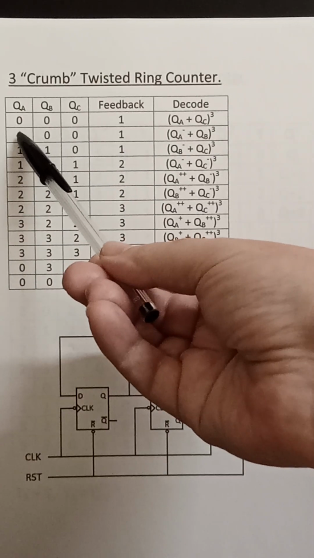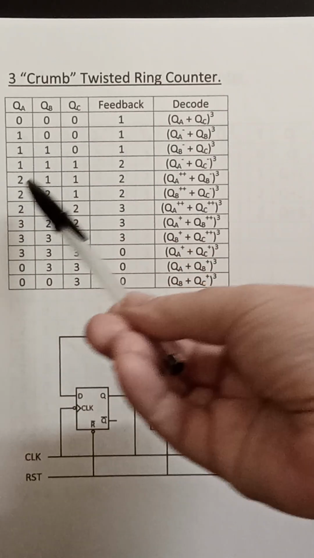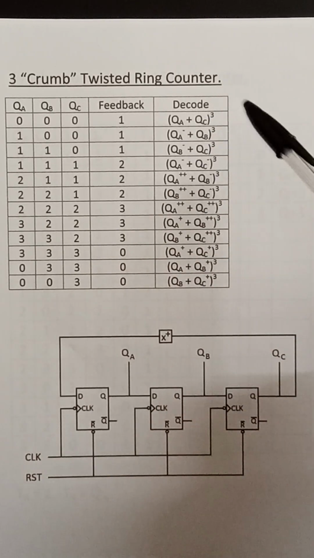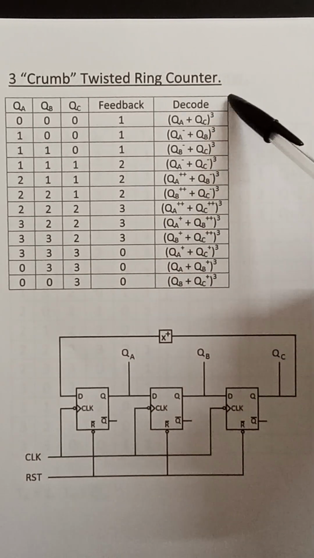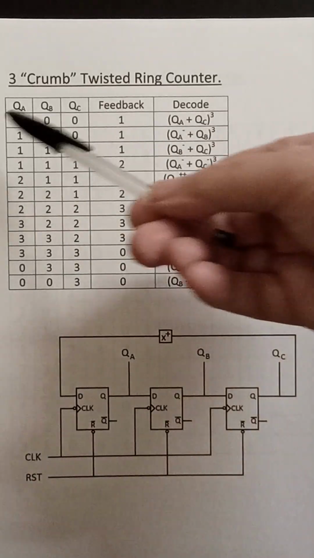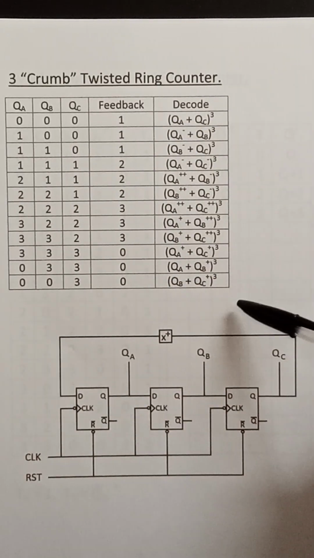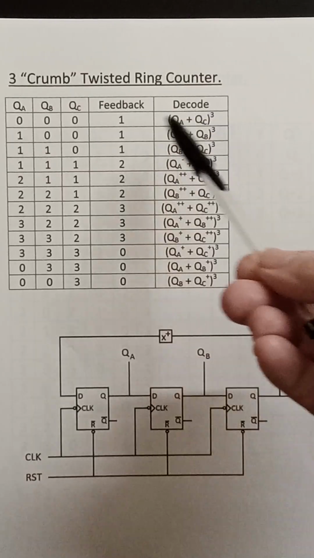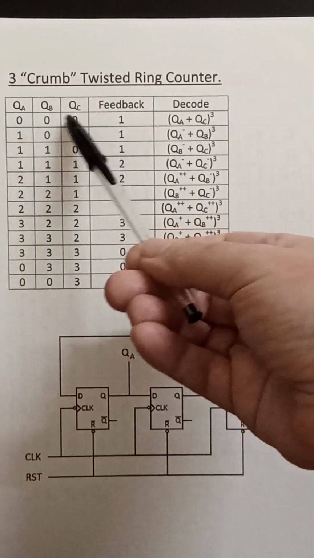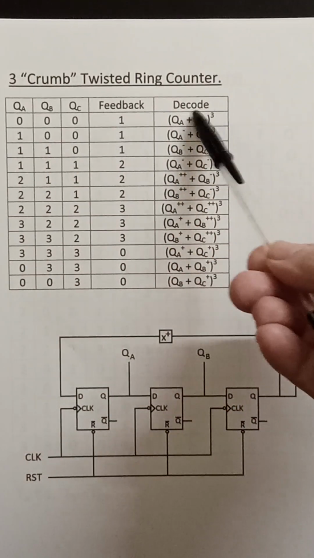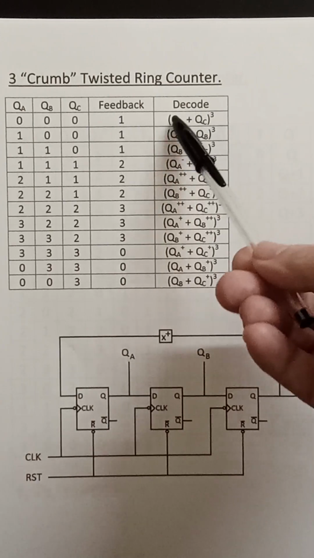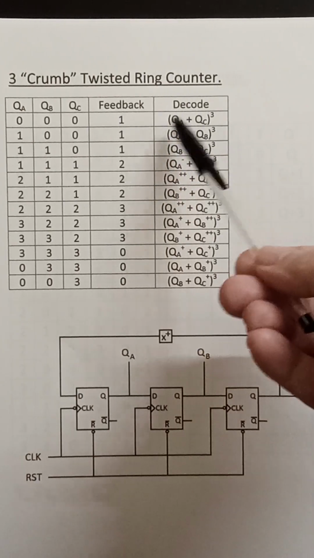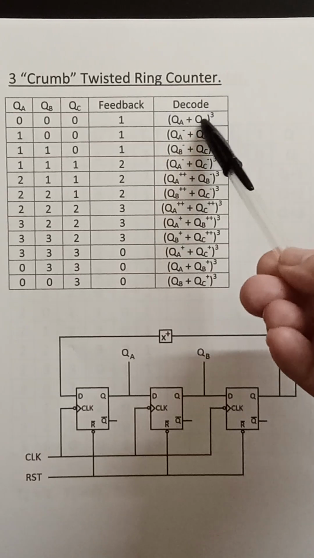enters QA there, and the purpose of the decode is to give a logic 3 on one line only and a 0 everywhere else. So for example, QA and QC here are 0 and 0 there. So that's the maximum function, the plus. And that gives us 0 for 0, or 0 max 0 equals 0.